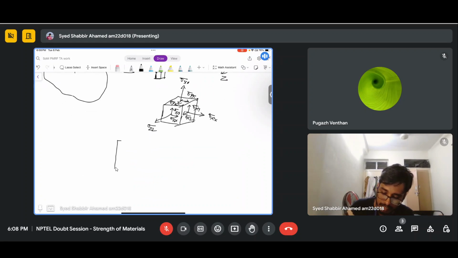and I can write this state of stress as a tensor. So stress is a tensor quantity, and you might have gone through that in the course.